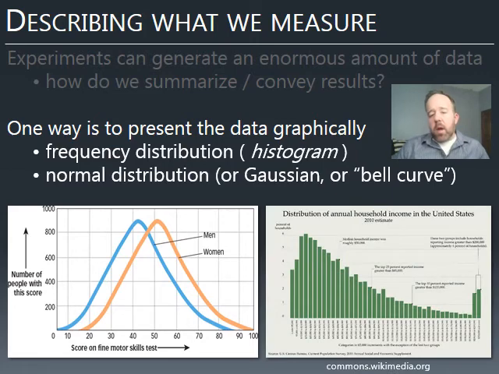So for example, this is a histogram, the same sort of representation. But here we're looking at household income in the United States. And this does not adhere to a Gaussian distribution. So it's not this bell curve with data evenly distributed around a middle.